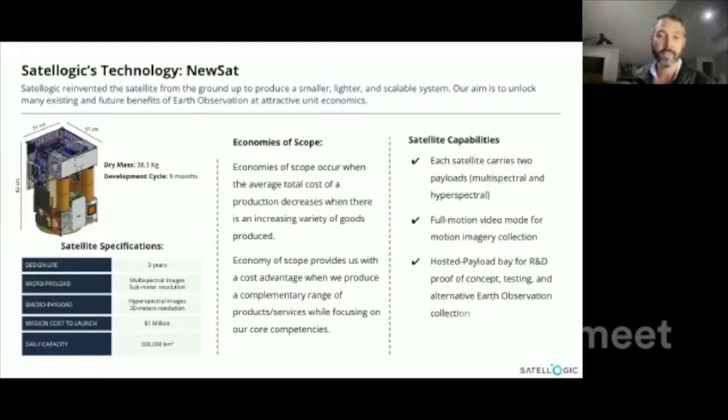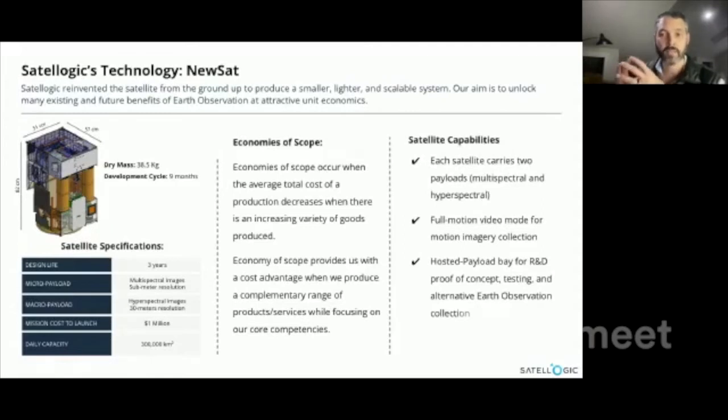And then the new cool thing that Spiral Blue is taking advantage of is our third and optional payload bay. With every satellite that we launch, we have an option to fill an additional payload bay with new technology. You see there on the right that our development cycles are 9 months.